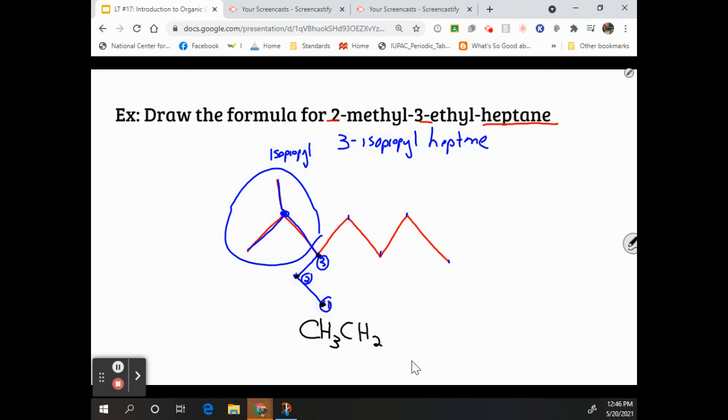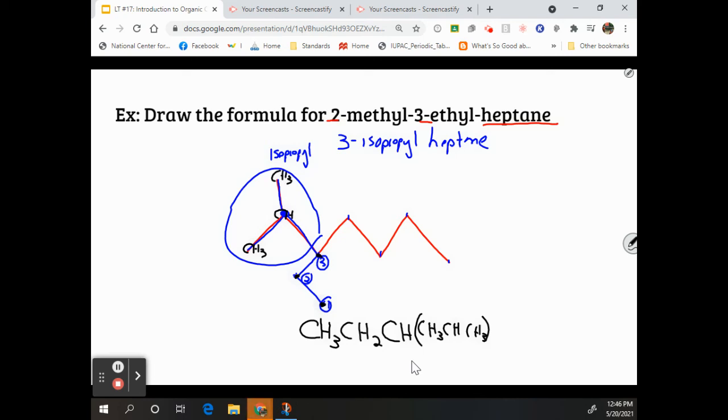This third one is going to be funny. It is also going to have 2 carbons attached. It's going to have a hydrogen, but then it's going to have this group here, which is going to be a CH3 group. This would be a CH3. This would be a CH. This would be a CH3 group.